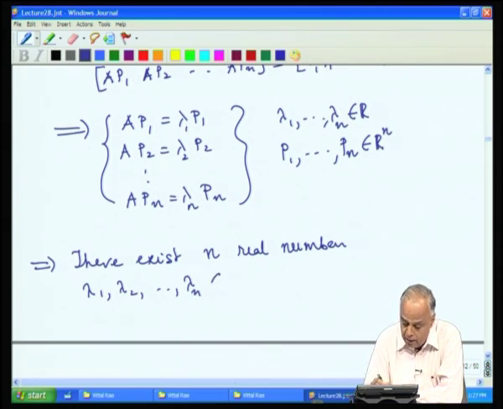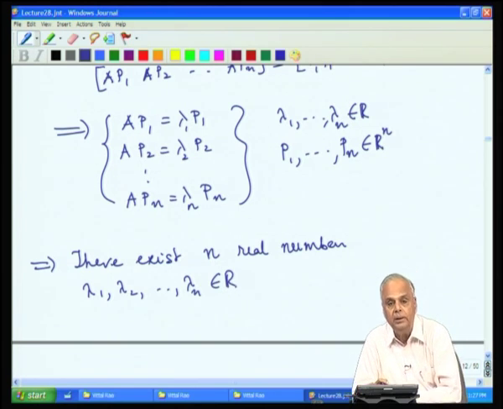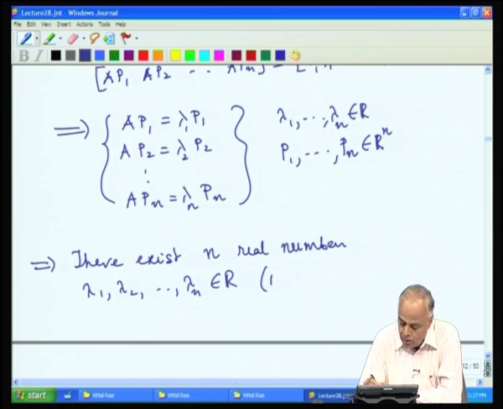lambda 1, lambda 2, lambda n. Now, notice that these are only the entries in the diagonal matrix. There is no compulsion that the same entry should not repeat or anything like that. So, these need not be necessarily distinct.